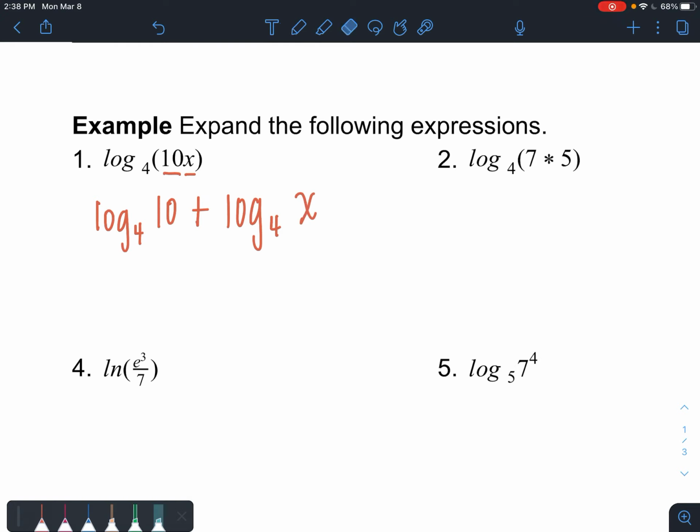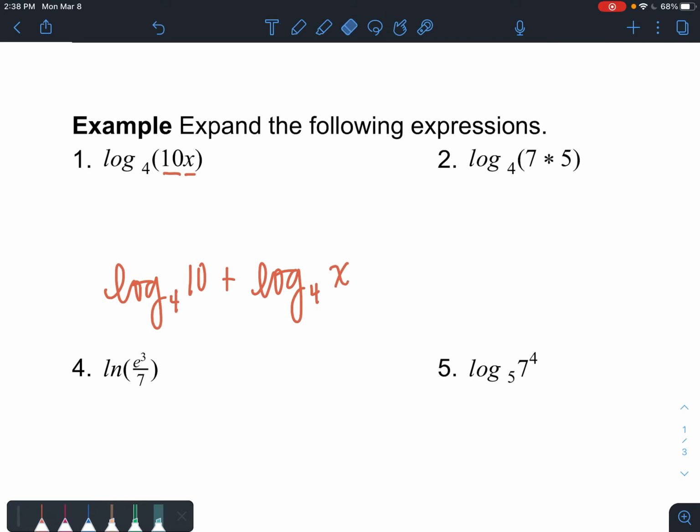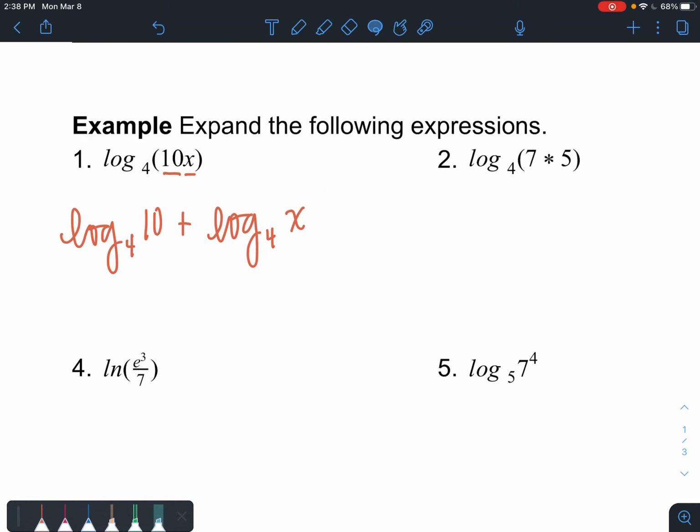And the way I would write log from here on out is I would write it as cursive, just so it doesn't look like 10g. That's something that I have a tendency to get confused on, so make sure you go ahead and write that with a little cursive log, or make it fancy so it doesn't look like 10g.